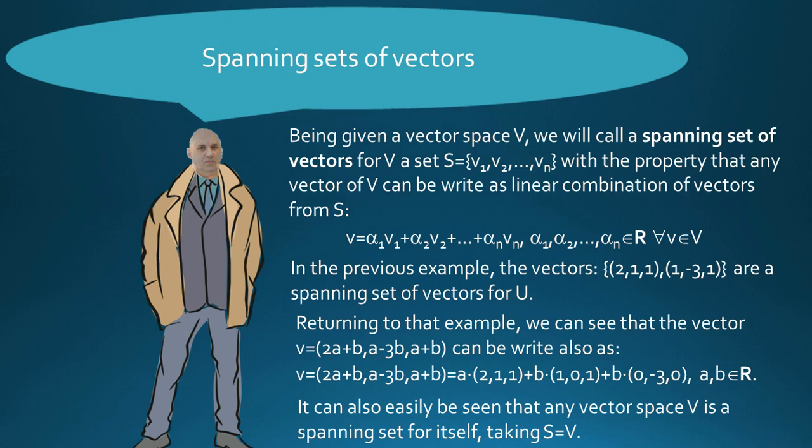Returning to that example, we can see that the vector v = (2a+b, a-3b, a+b) can be written also as a multiplied by (2, 1, 1) plus b multiplied by (1, 0, 1) plus b also multiplied by (0, -3, 0), for any a and b in R. We can see from this that the writing mode for a vector v is not unique.